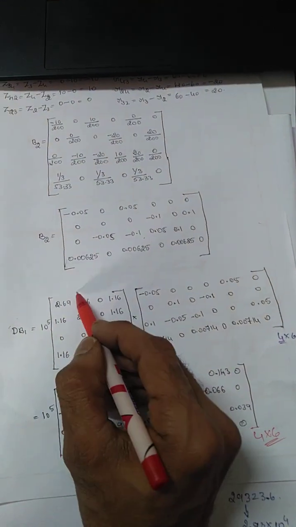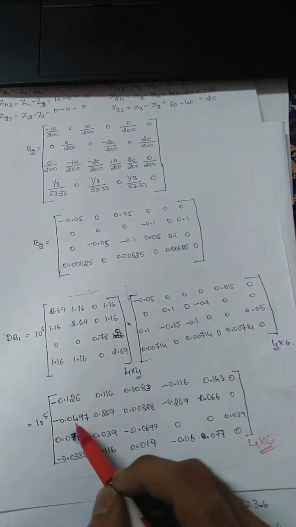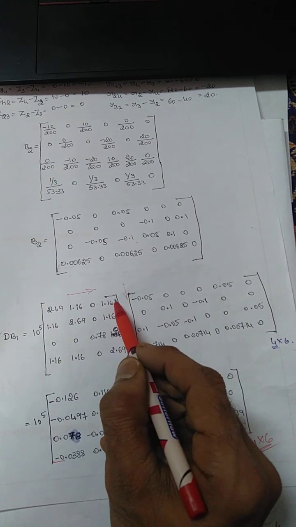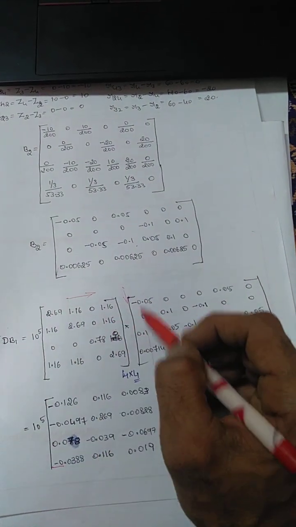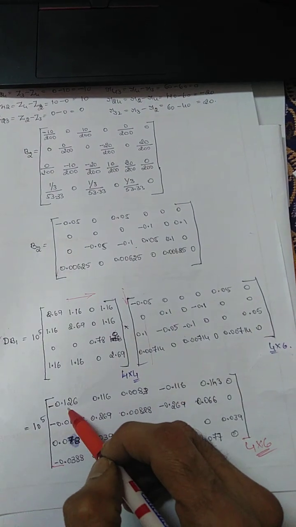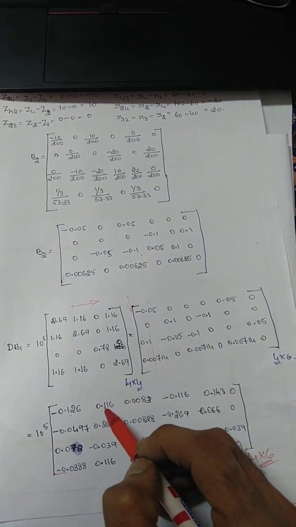The multiplication method is like this. To get this value, this row is multiplied by this column. First row, second column, you'll get this point.